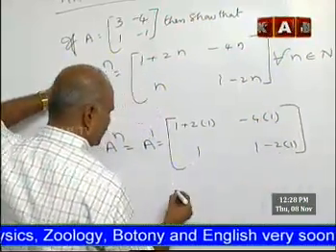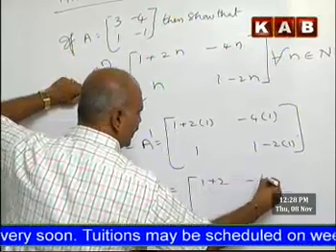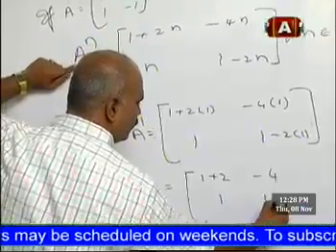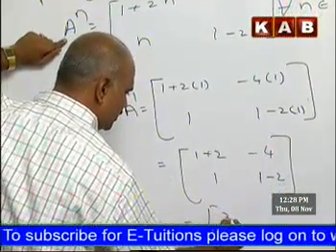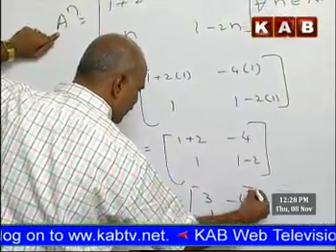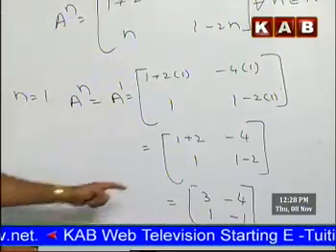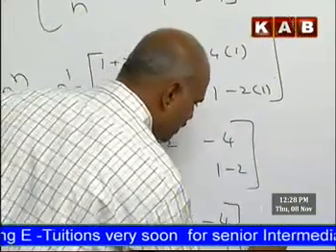I can write this as 1 plus 2, minus 4, 1, 1 minus 2, that is 3, minus 4, 1, minus 1. You see this, A power 1 is equivalent to A only. So this is equal to A.